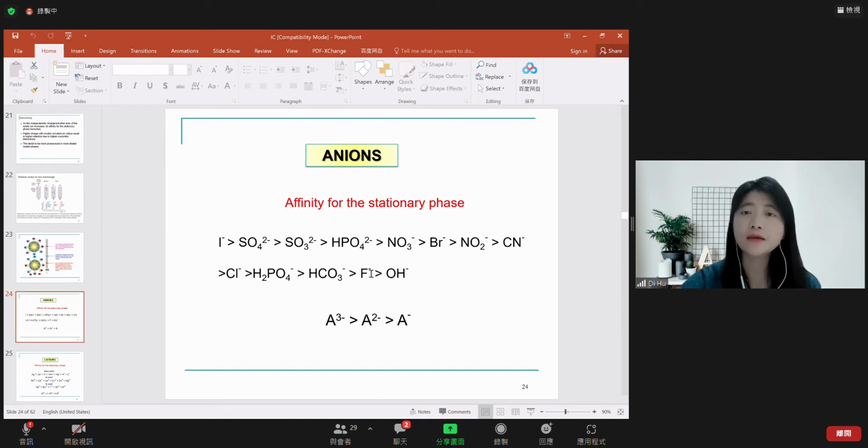We also compare ions from the same group, where charge density plays a very important role. So for fluoride, chloride, bromide, iodide, fluoride comes first, earlier than chloride and bromide. We explained that already.